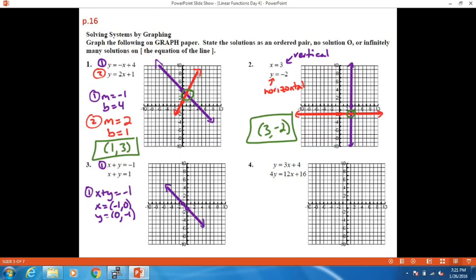And then for our second equation, where we have x plus y is equal to 1, we can say our x-intercept is going to be at (1, 0), and our y-intercept is going to be at (0, 1). Then we can plot those 2 points, (1, 0) and (0, 1), and connect them with a straight line.